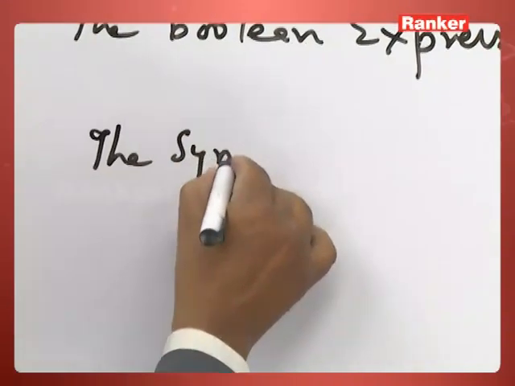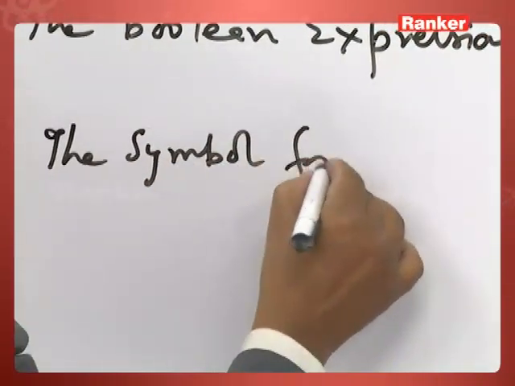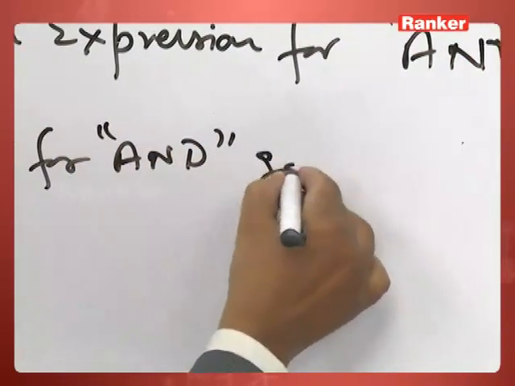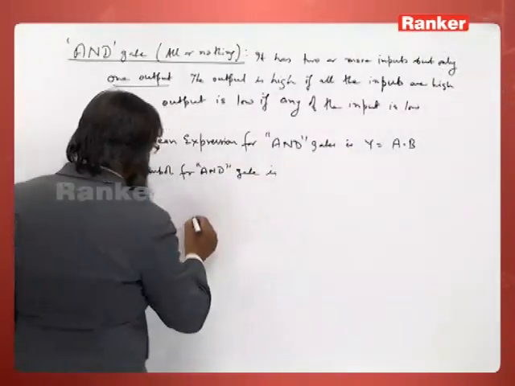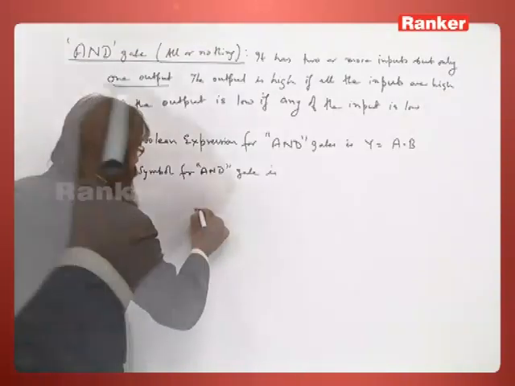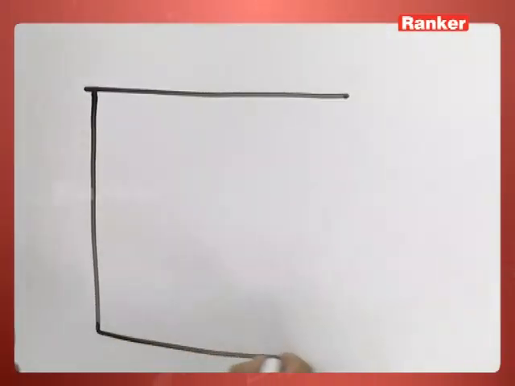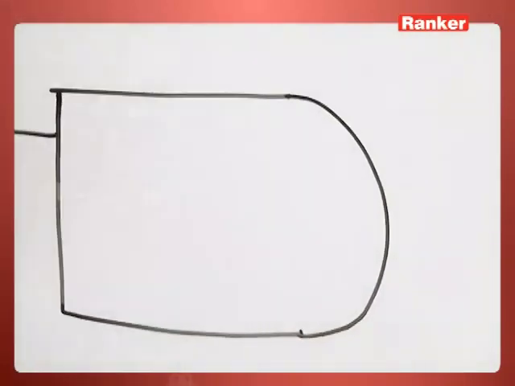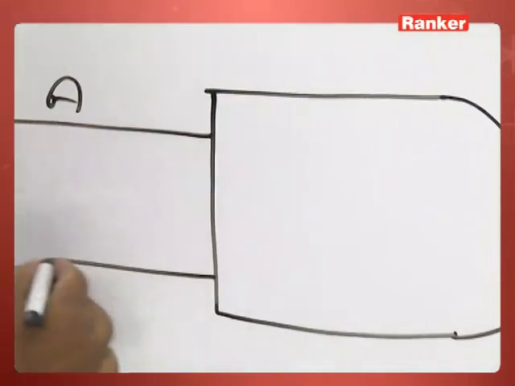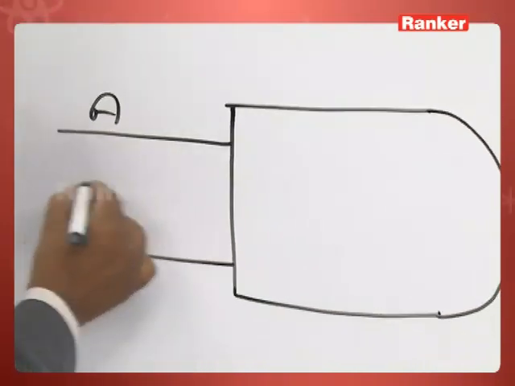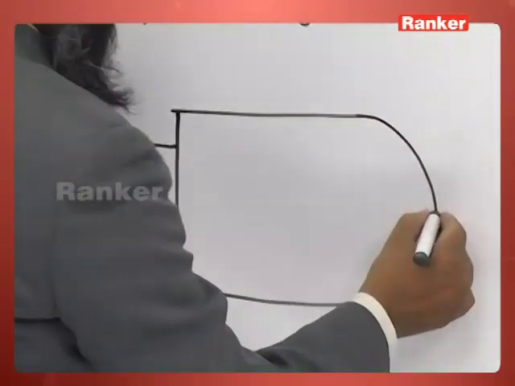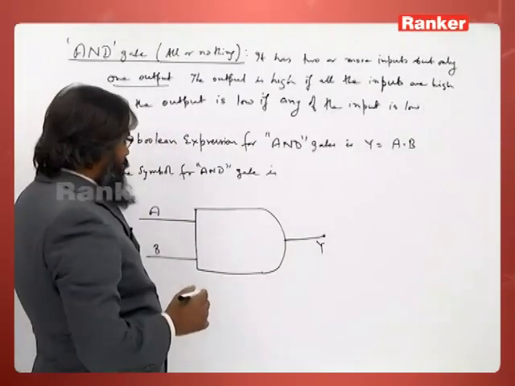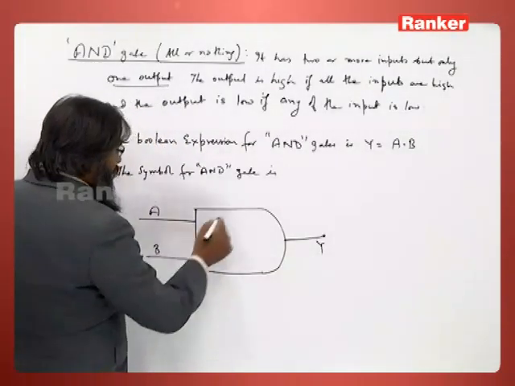The symbol for the AND gate is this; this is the symbol and it is curved here. This is the input A, B if there are two inputs, if C another input, and here we have Y. So this is the symbol for the AND gate.